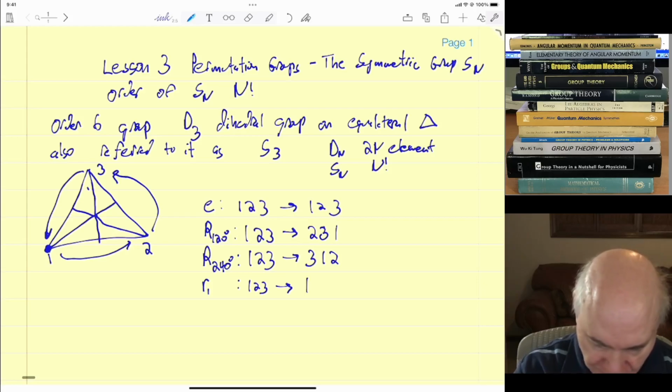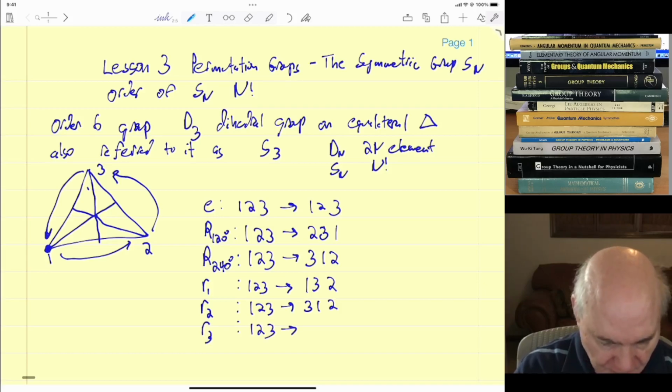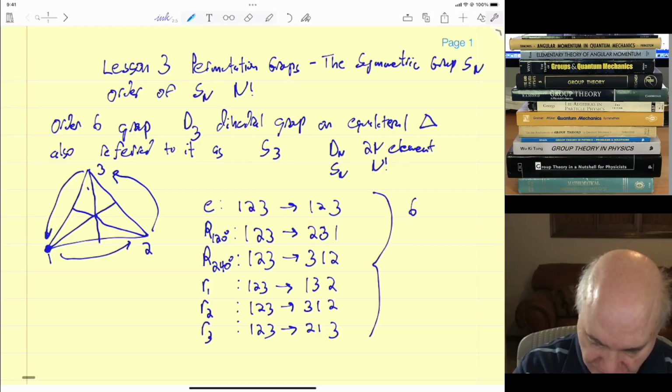So r1 takes 1, 2, 3 to 1, 3, 2. The reflection about the axis going through point 2 is 1, 2, 3 goes to 3, 2, 1. And the reflection about the axis going through point 3 is 1, 2, 3 goes to 2, 1, 3. So these are basically, as you can see, 6 permutations, and we have the group S3.